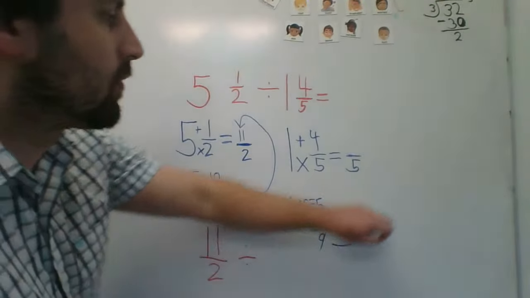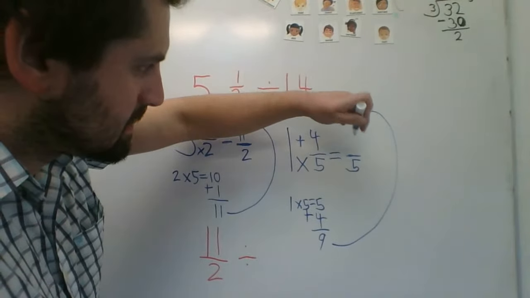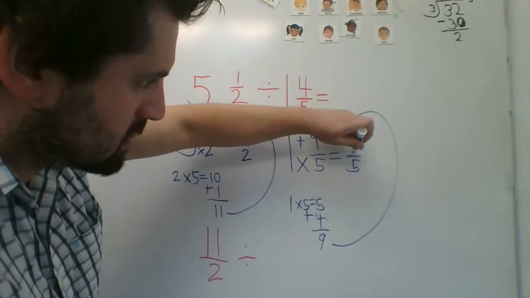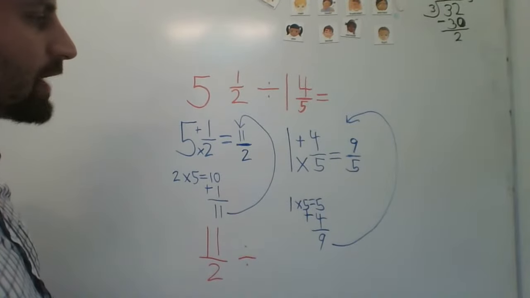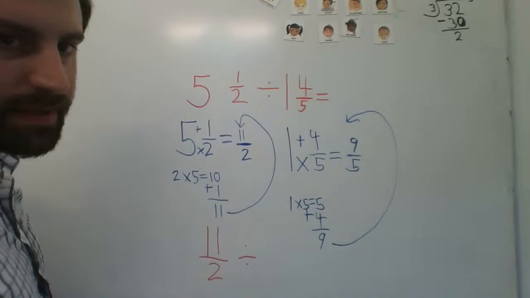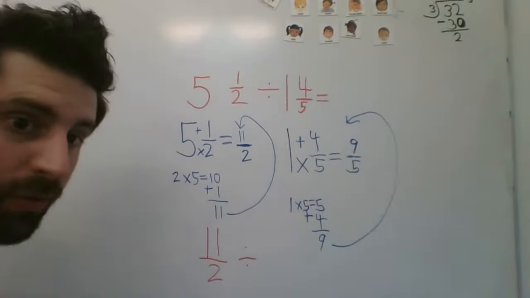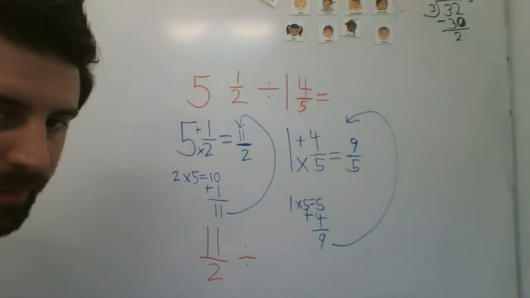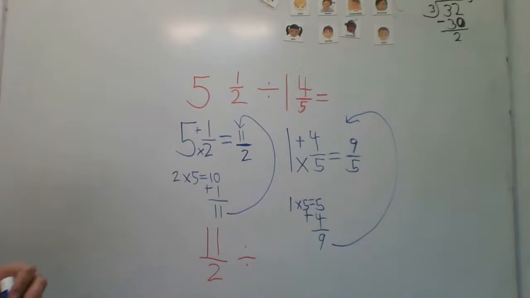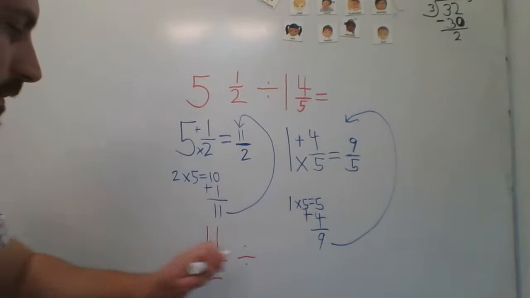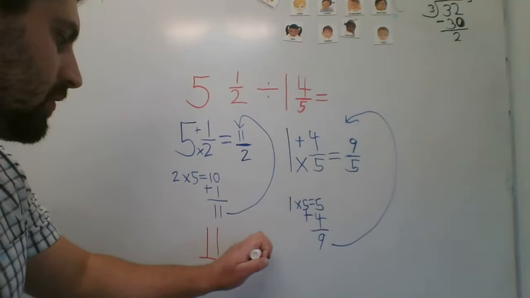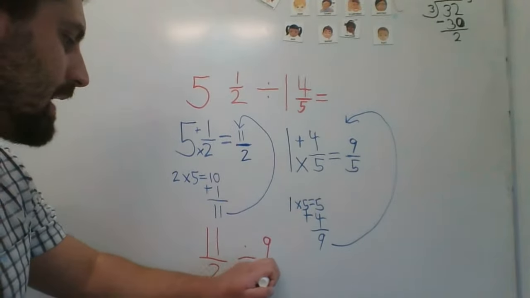So 9 is our numerator. 1 4/5 converted to an improper fraction equals 9/5. I could probably do a whole live stream just on converting mixed numbers to improper fractions. So we have 11 halves divided by 9/5.